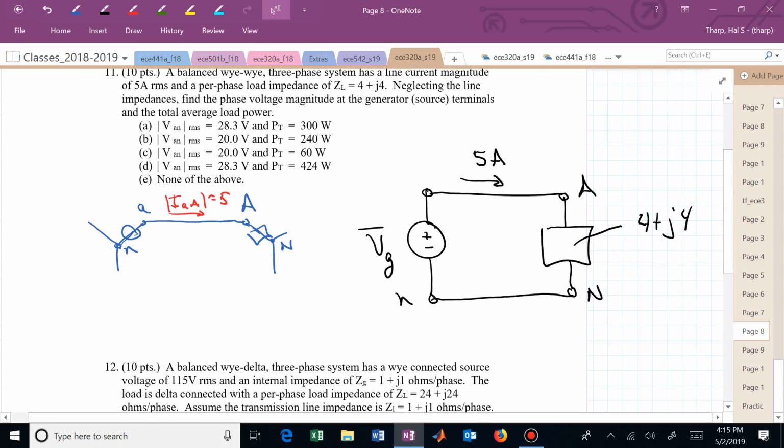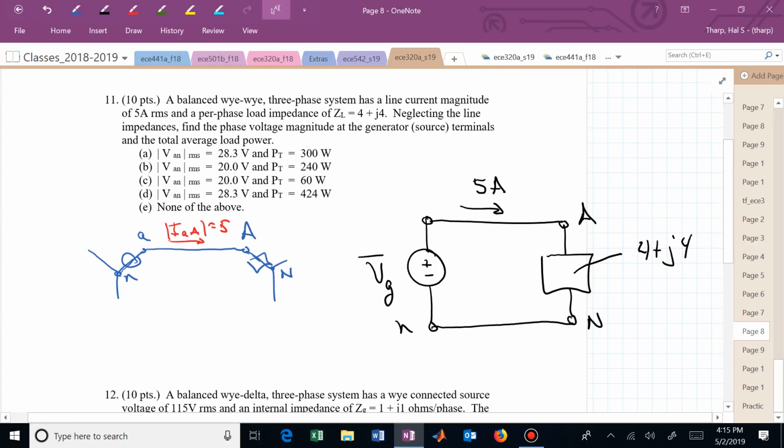that's Ohm's law, isn't it? And this line current magnitude was given in RMS units. We're asked to find the magnitude, but do you see that VAN is now going to be 4 plus J4 times I sub AA. We could assume this is the reference phasor.